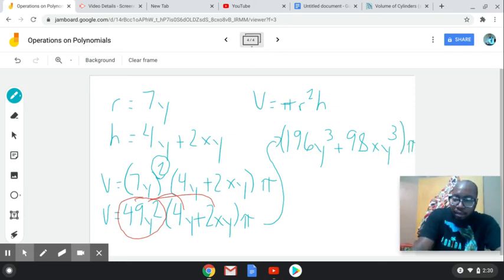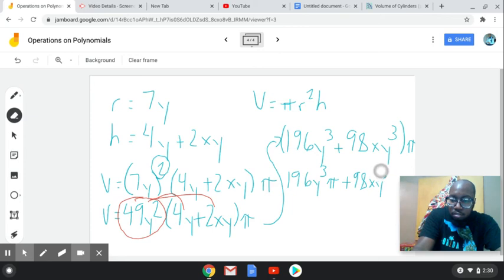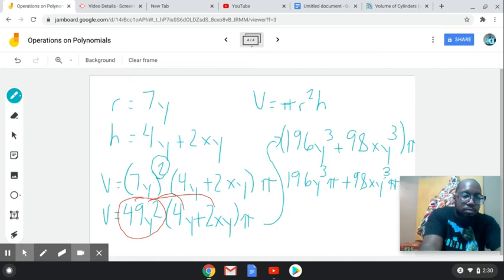So really what I have, I'm going to take that pi and put it in here, is 196y to the third power pi plus 98xy to the third, pi as well.